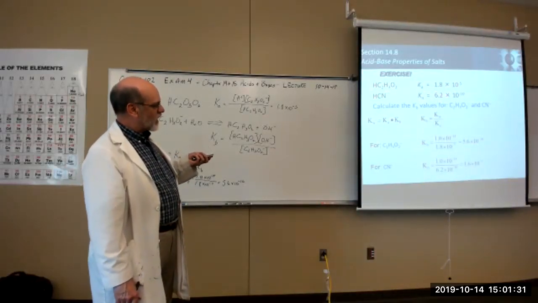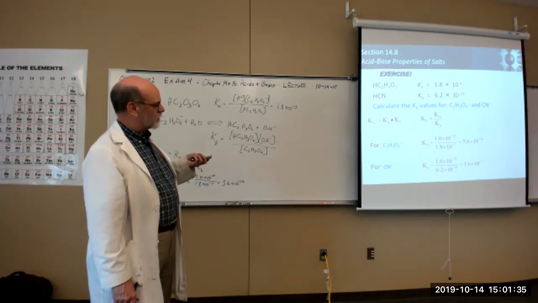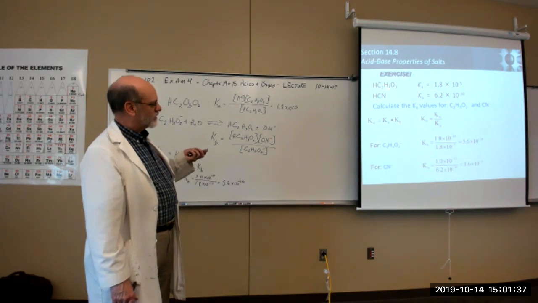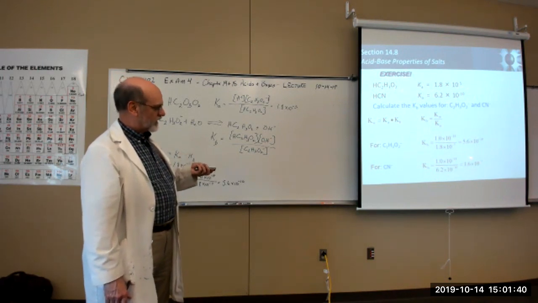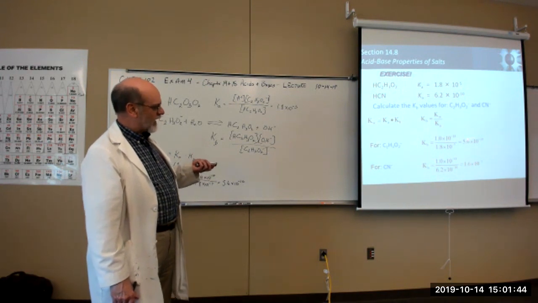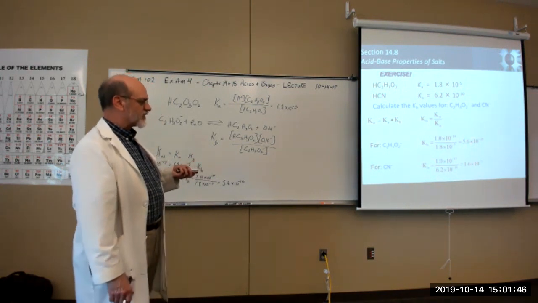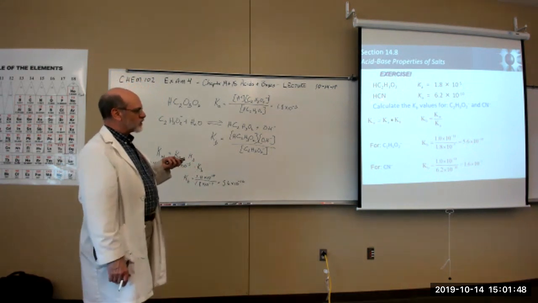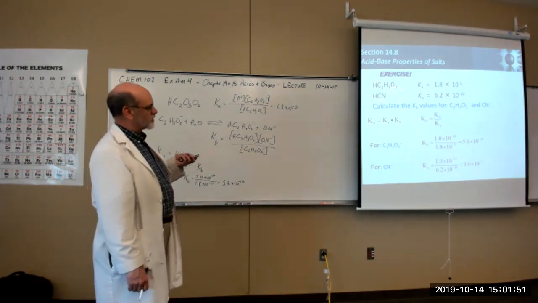So that means its conjugate base should be a stronger conjugate base than the acetate ion. And that's what this says. This is a larger value than that. So that means the conjugate base of this weak acid is stronger than the conjugate base of that weak acid.